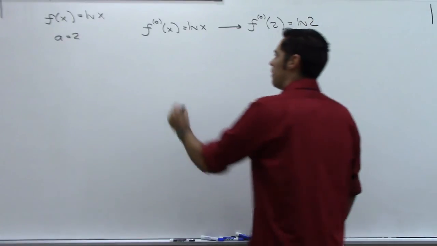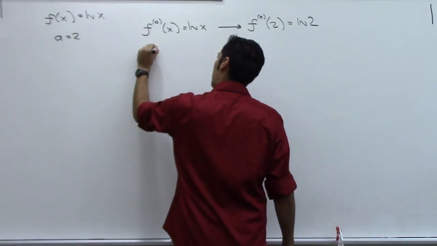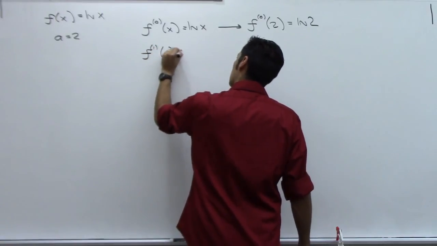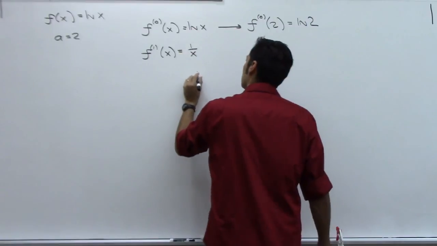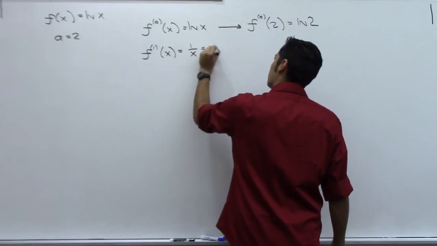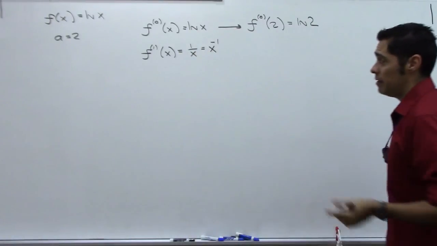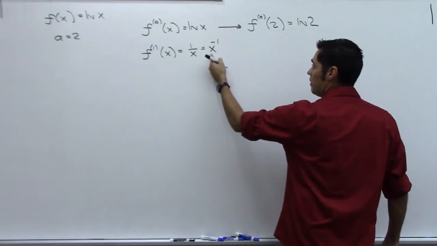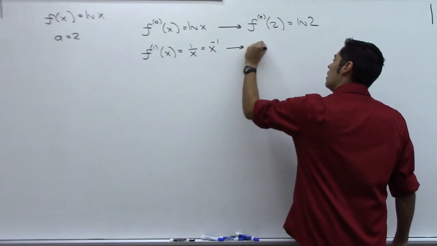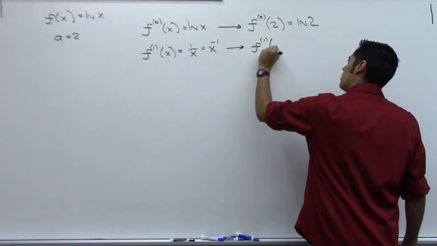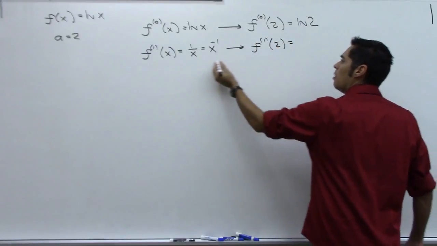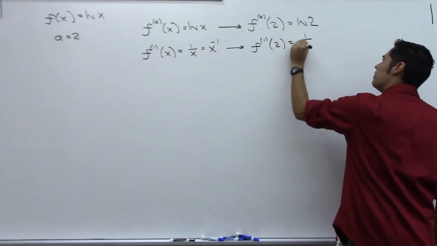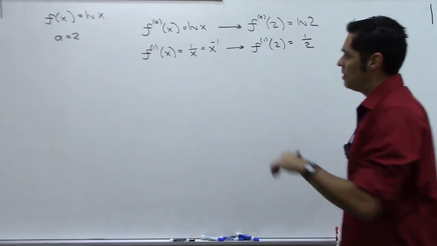Now, the first derivative is 1 over x, which is the same as x to the negative 1. Now I'm doing that because I'm going to take the derivative again in a second. It's easier to take the derivative of this than this. So f prime, the first derivative at 2, you're going to plug 2 into this, you get 1/2. Now we take the second derivative.